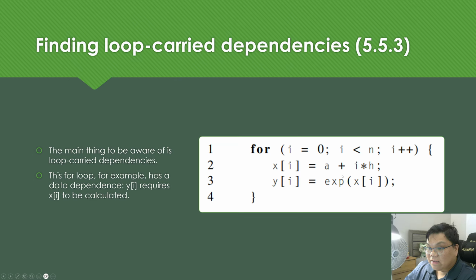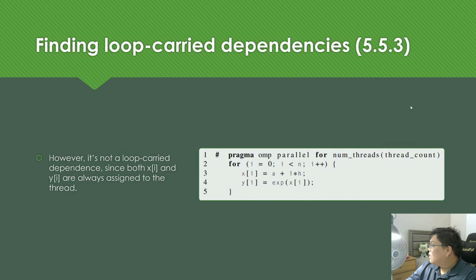Something like this has a data dependence, but none of this requires anything from the last for loop iteration. If we have I and then I and then I in here, this is okay. But if you have I, but also an I minus 1, no good. This is not an example of a loop carry dependence because at no point in this calculation are we requiring anything from the previous iteration.